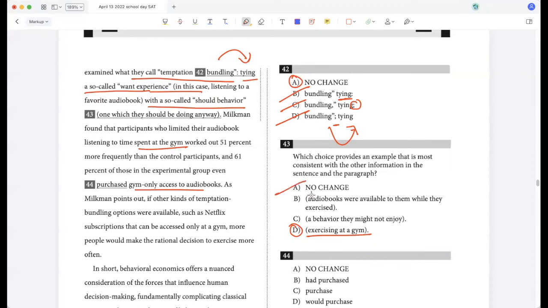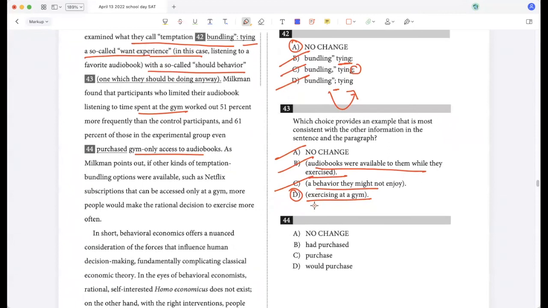So it's not a good answer. Yeah, this doesn't tell me the should behavior, right? Audiobooks is the want behavior. The should behavior is exercise at a gym. And C is also kind of defining the should behavior, but it's not being specific. So D is best.